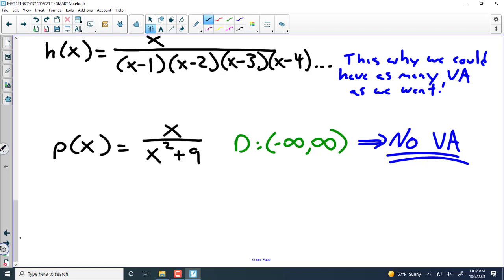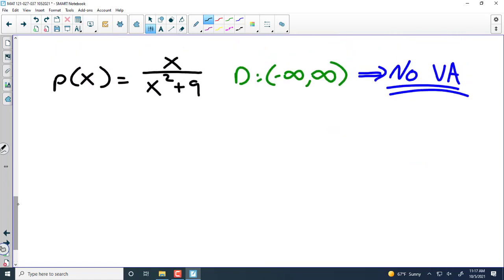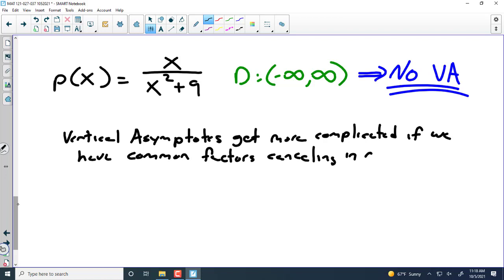Now I have to tell you something, just so you don't think I'm a liar, and that is this. Vertical asymptotes get more complicated if we have common factors canceling in the numerator and denominator.